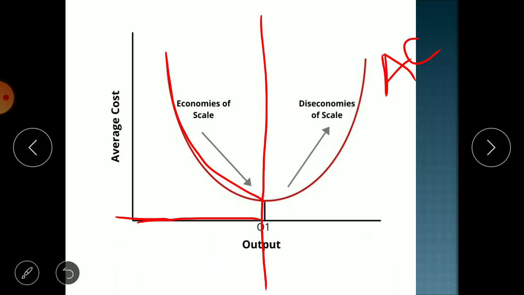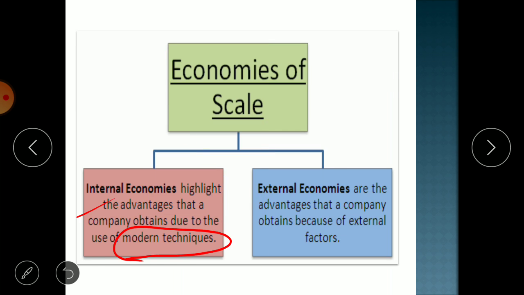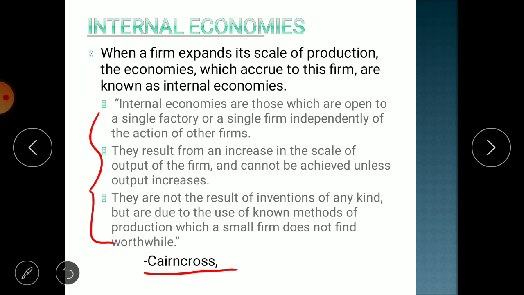If you don't increase production, you still stand here only, and your cost of production will stand here only. There will be no benefit of decreased cost of production. They are not the result of inventions of any kind, meaning there is no updation, there is no research done in the industry.